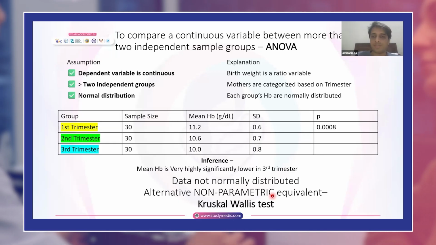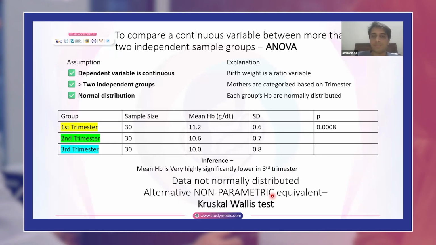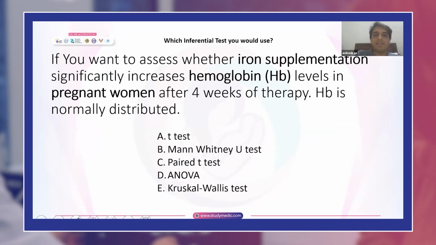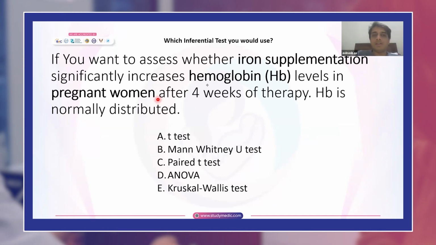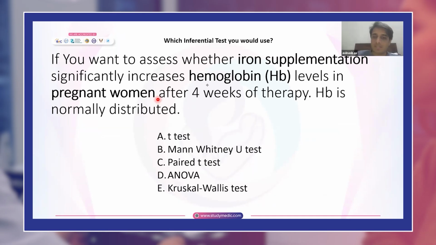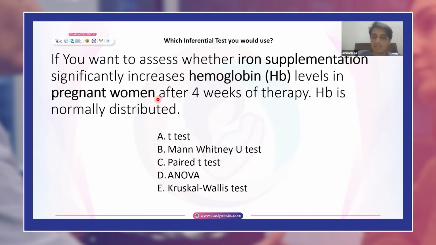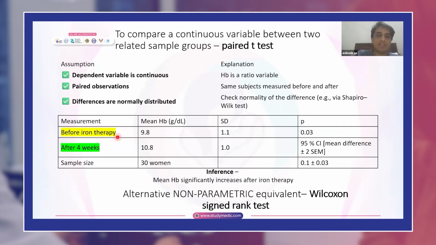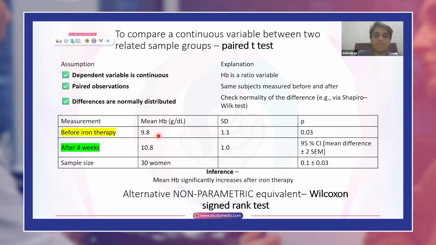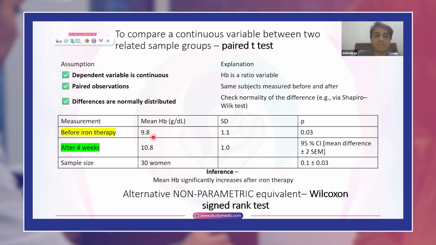Now we will see, if you want to know whether hemoglobin level significantly increases in pregnant women after 4 weeks of iron therapy, that means comparing the hemoglobin before and after 4 weeks of iron using two samples. The samples are from the same women before iron therapy. She has, for example, a mean hemoglobin of 9.8 gram percentage.